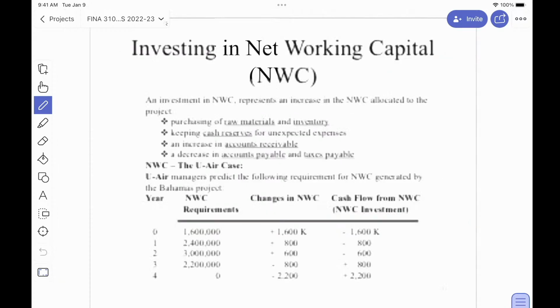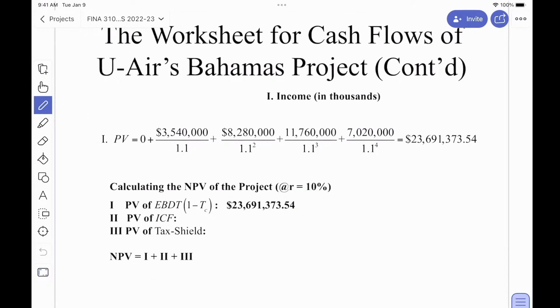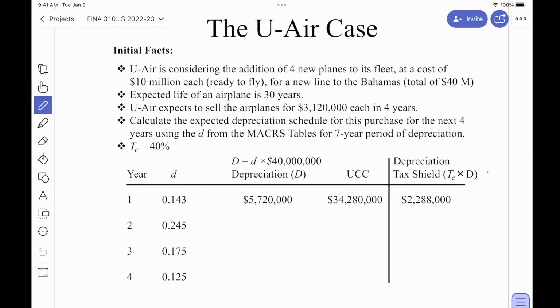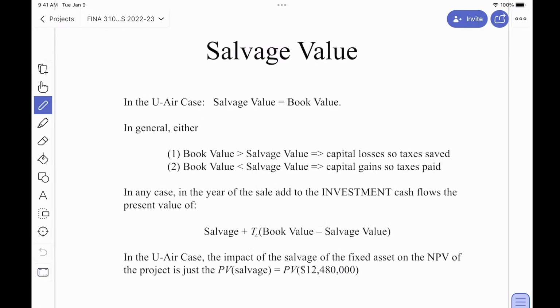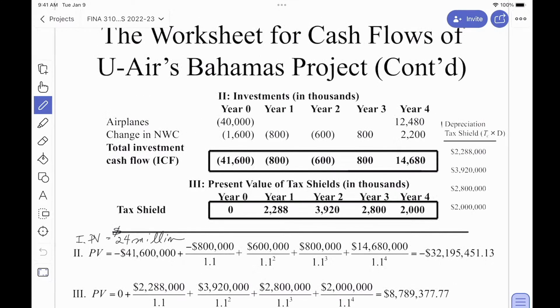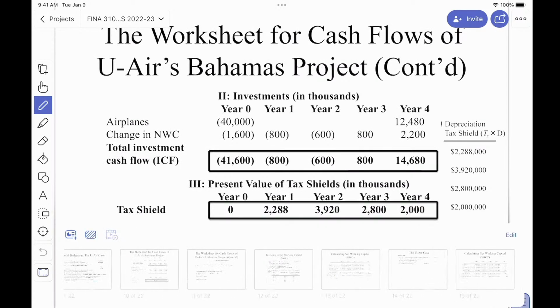Okay, let's go back to the investment worksheet. Well, let's go forward to it. Actually, let's go here to where I mentioned what we have to include.